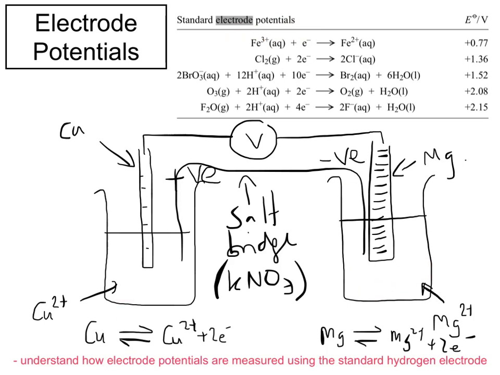And that standard is the standard hydrogen electrode. So all of the numbers that you get in an exam, in these sorts of tables, these numbers here, these are all measurements that have been made against the standard hydrogen electrode.